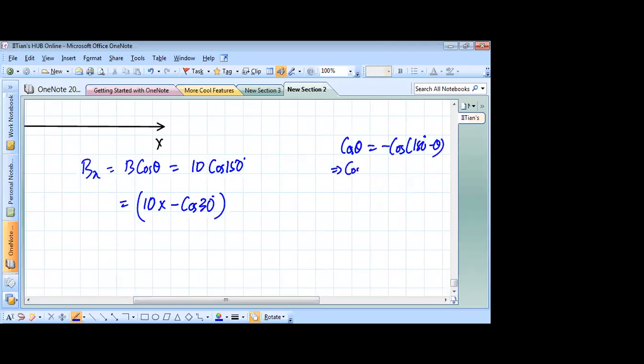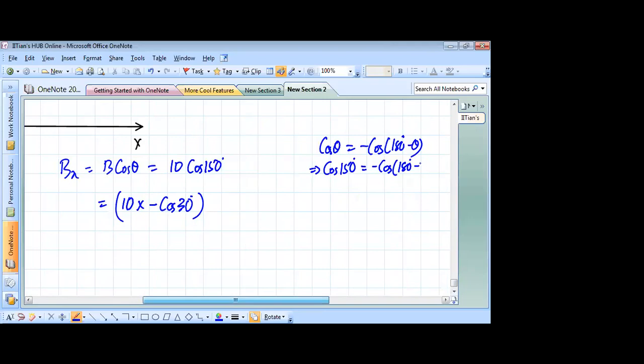So cos 150 is minus cos 180 minus 150. So that is minus cos 30. That is minus root 3 by 2. So it's minus 5 root 3. That is your Bx. Okay.